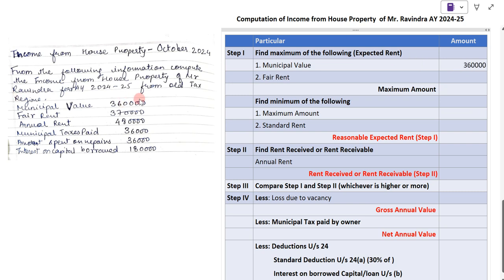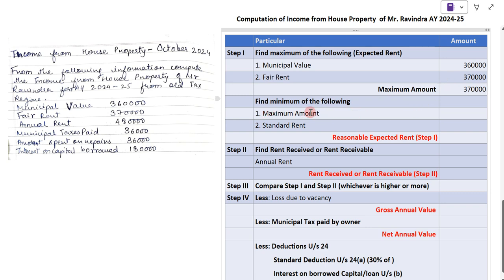Fair rent is 3,70,000. From these two, whichever is the higher amount will be the maximum value. 3,70,000 is the maximum. Now, in the first step, the next thing to do is find the minimum of the following.